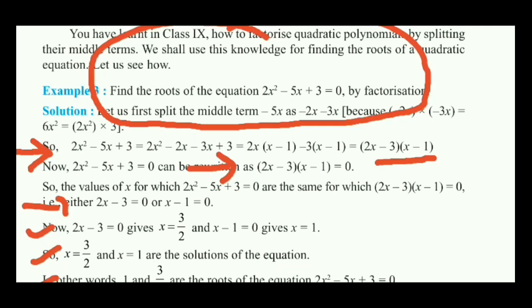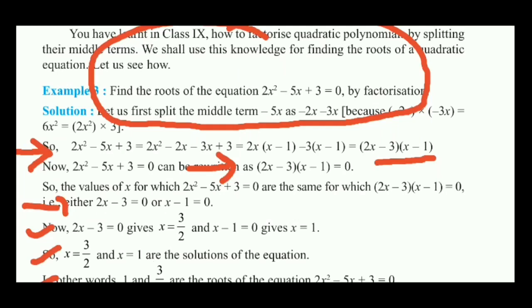In the same way you will take the last two terms and take what is common between these two terms, that is minus 3, and again inside the bracket you will get x minus 1. In the same line you can see x minus 1 is common, and we get two factors of the given quadratic equation: 2x minus 3 and x minus 1.